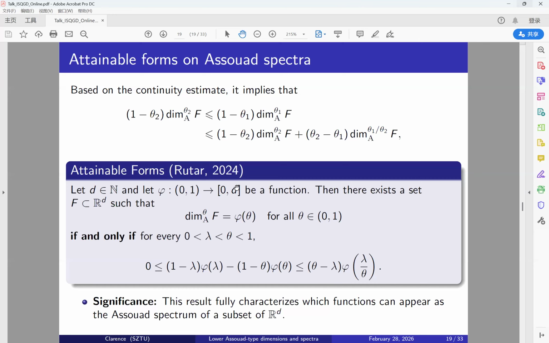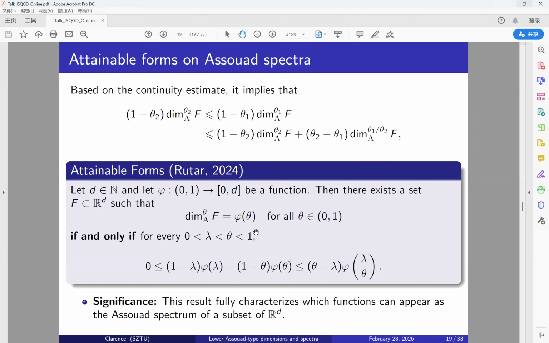The result says that if a function satisfies this property, then we can find a set such that its Assouad spectrum is phi.